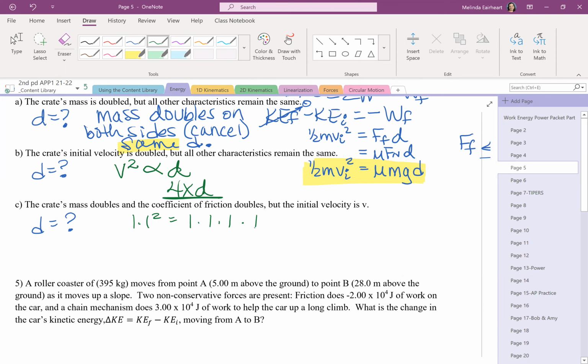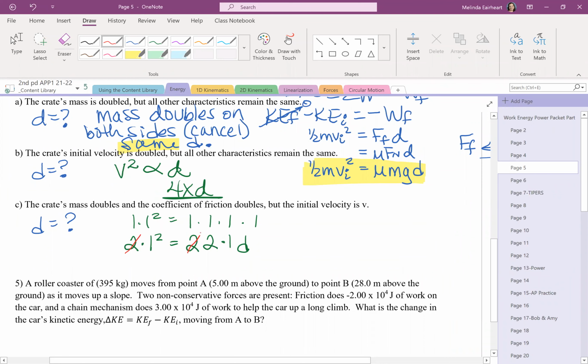Okay, so now double the mass. So a double on both sides. And the coefficient is going to double, but the velocity stays the same. And gravity would stay the same. And I know gravity is not 1, but it's just a placeholder there. And so what would happen to D? Well, mass is still going to cancel.